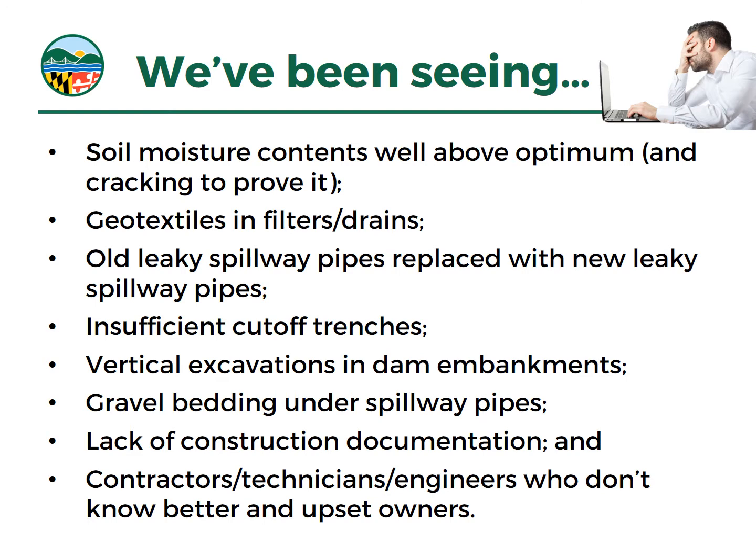We're seeing lots of old leaky spillway pipes replaced with new and sometimes leaky spillway pipes, because either the pipe is the wrong pipe or the construction methods to install it are improper. We're seeing things like vertical excavations in dam embankments, which can cause differential stresses, cracking and settlement, which can lead to seepage failures, gravel bedding under spillway pipes, and sometimes just pure lack of construction documentation.